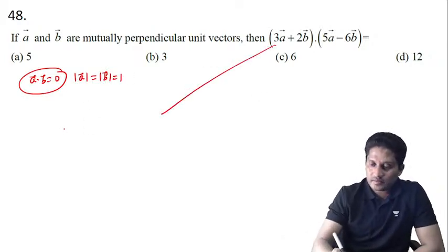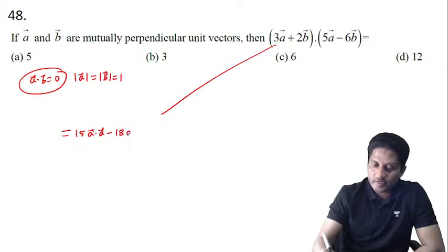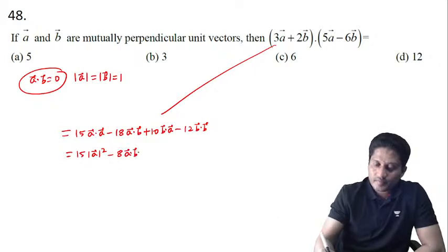Now this can be written as 15 times A dot A, now 6 3 is 18, 18 into A dot B, then plus 10 B dot A minus 12 into B dot B. Okay, so this is 15 times mod A the whole square, and then minus 8 times A dot B minus 12 times mod B the whole square.